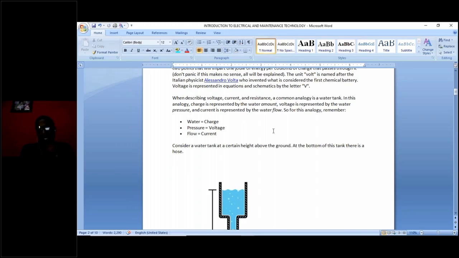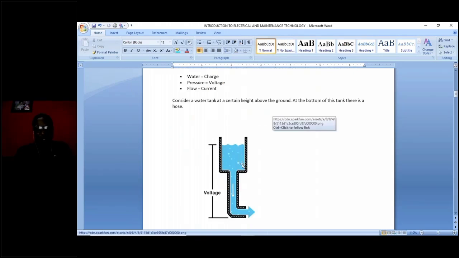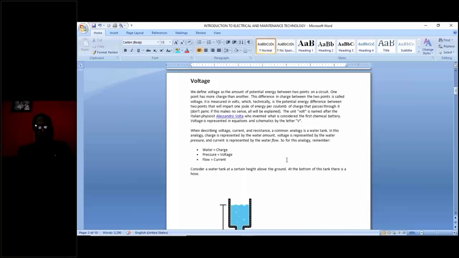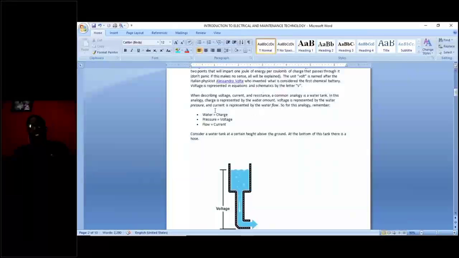When describing voltage, current, and resistance, a common analogy that we use is a water tank. In this analogy, charge is represented by the water amount, voltage is represented by the water pressure, and the current is represented by the water flow.